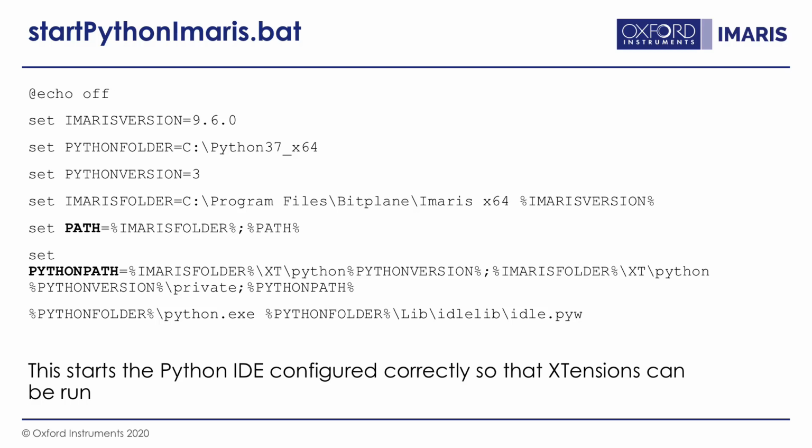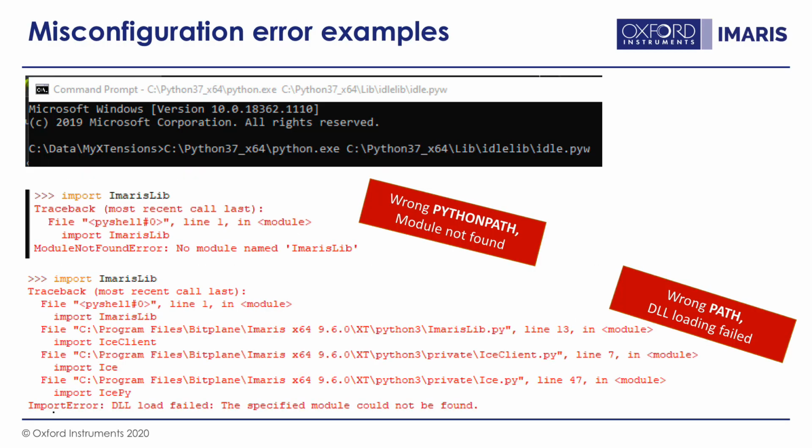Let me show you some examples when it doesn't run fine. Here in black at the top, you see if I start IDLE normally, without the bat file that I've shown you before, and then do an import Imaris lib, it will not find Imaris lib, because Imaris lib is located in the Imaris Xt Python subfolder, and we didn't specify that, so it's not working.